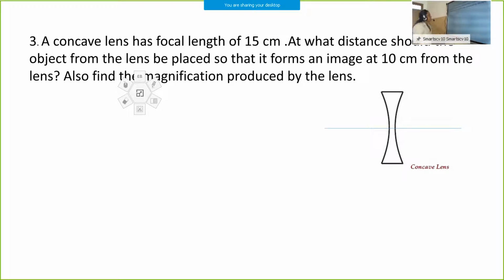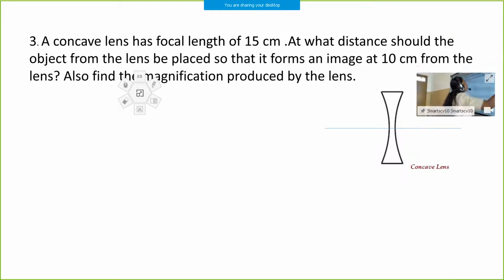Concave lens. Take down, all of you. A concave lens has a focal length of 15 centimeter.